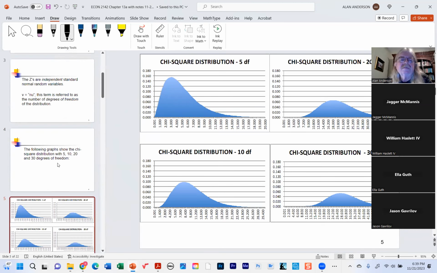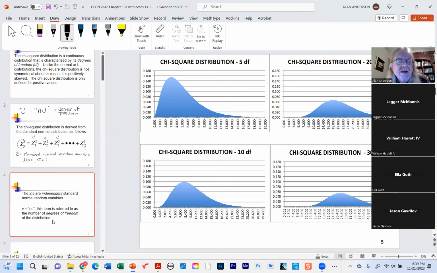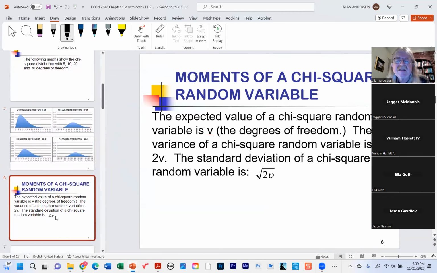Now, the next thing we want to do is define the moments of this distribution. The moments would be, for example, the expected value, the variance, and the standard deviation. Every distribution has its own unique set of moments. Here, it turns out that the expected value of the chi-square random variable is just equal to the number of degrees of freedom, the letter nu.